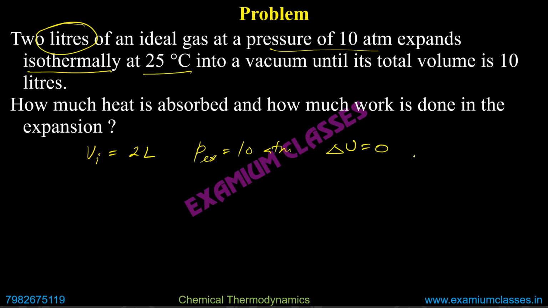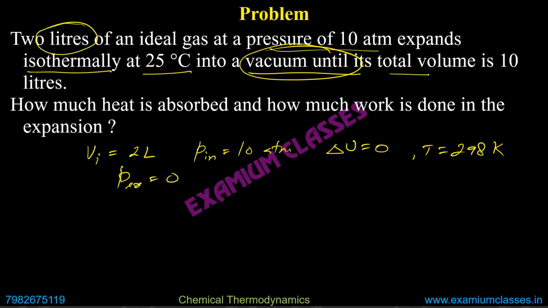At 25 degrees Celsius, which means temperature is 298 Kelvin, in a vacuum. Vacuum means P external is 0 here. Till the total volume is 10 liters, meaning V final is 10 liters.